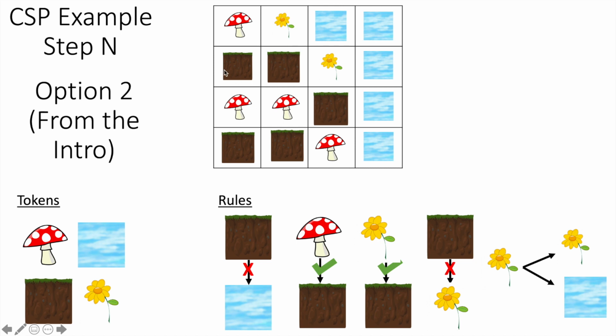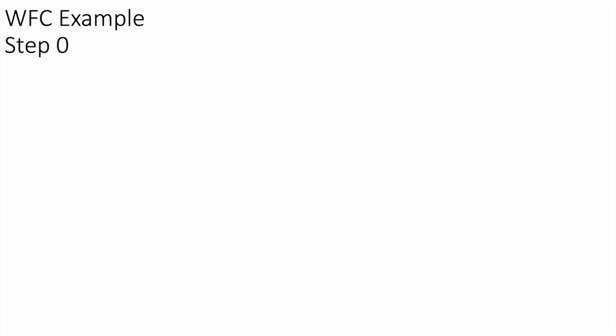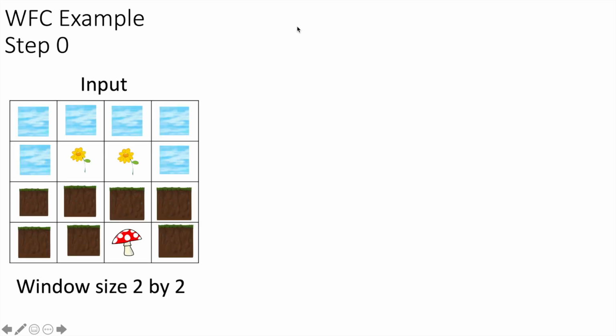Maybe we wanted something where the ground was along the base, there's one mushroom or mushrooms just underground, flowers on top, and sky above that. But to do that, we would have had to change the rules. We'd have to go back and iterate, just as we were talking about earlier, doing this sort of generate and test thing. So what if instead of having to author these rules, these constraints, we had a system learn them? So here's going to be our wave function collapse example, starting from our input.